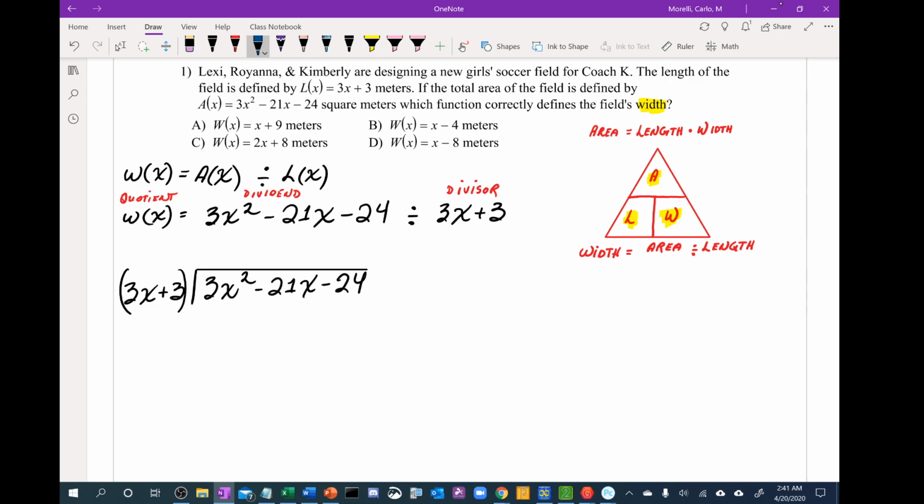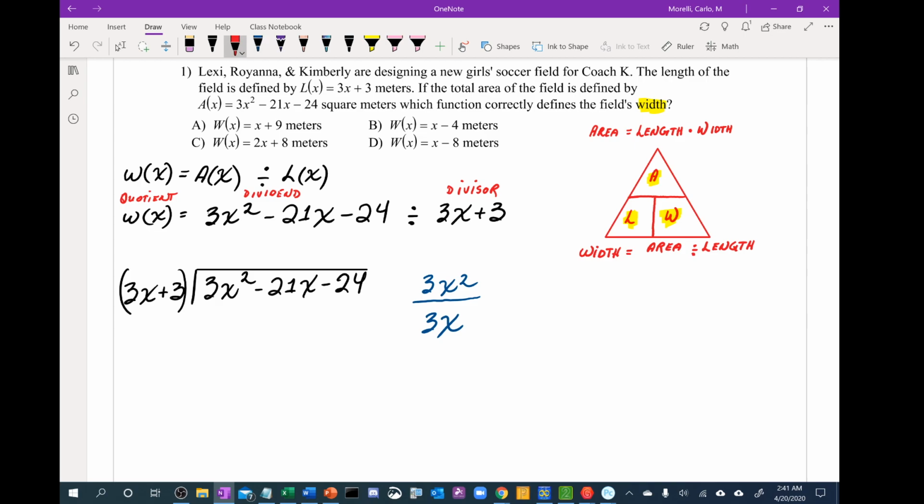So here's our side work. Step 1, divide the first term of the dividend by the first term of the divisor. So we'll divide 3x squared by 3x. Okay, so here's the first step of this side work.